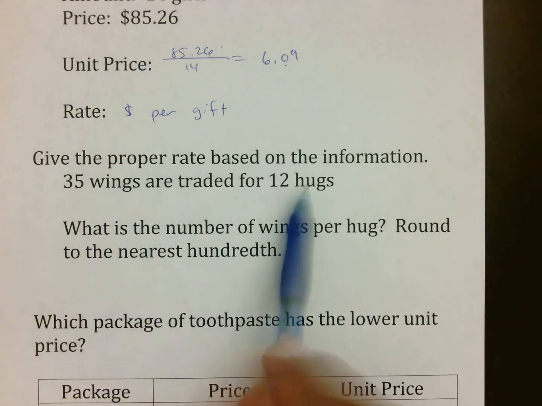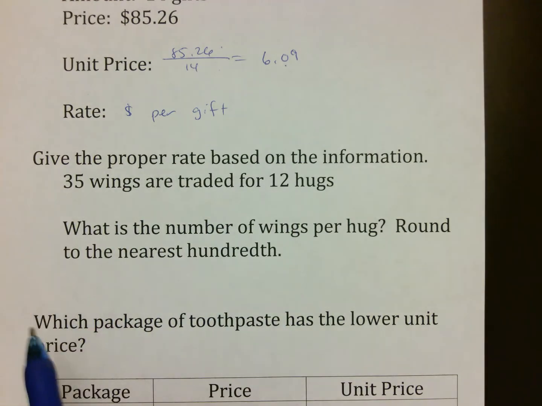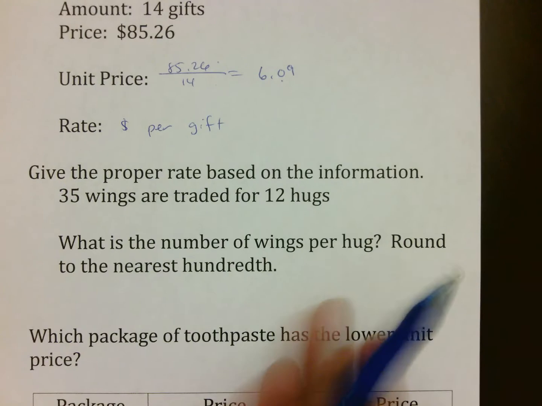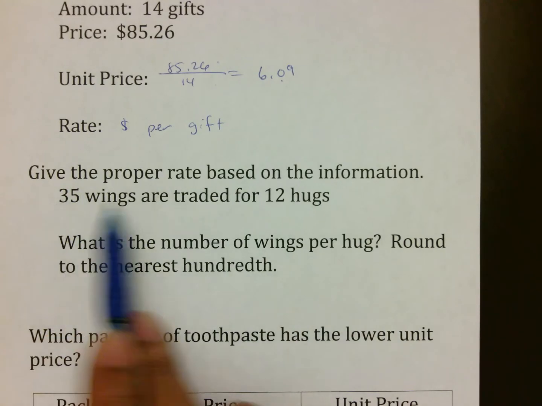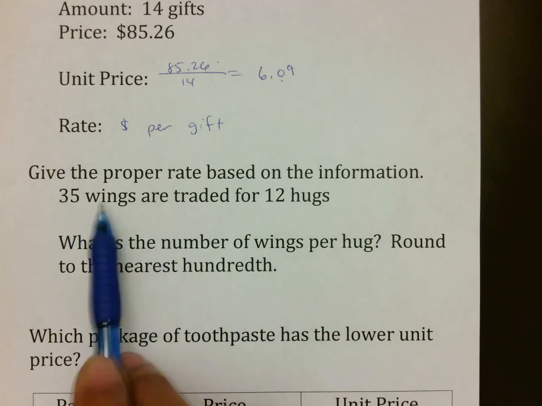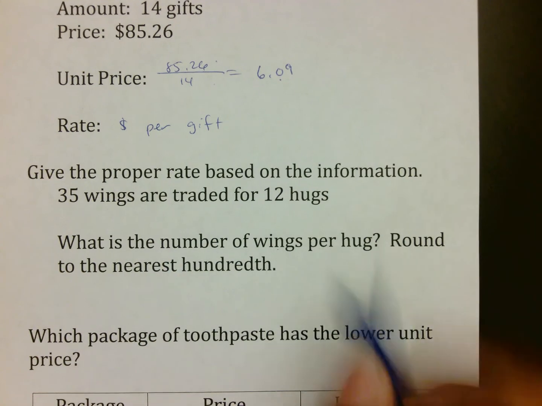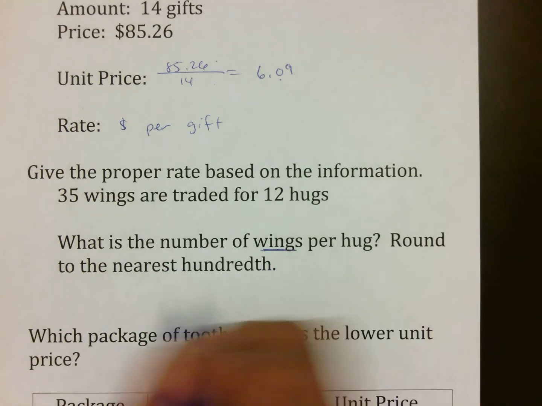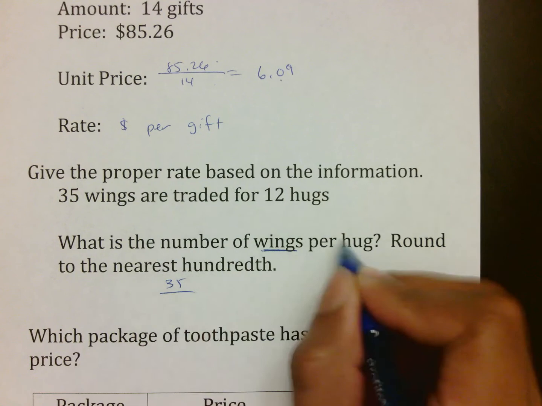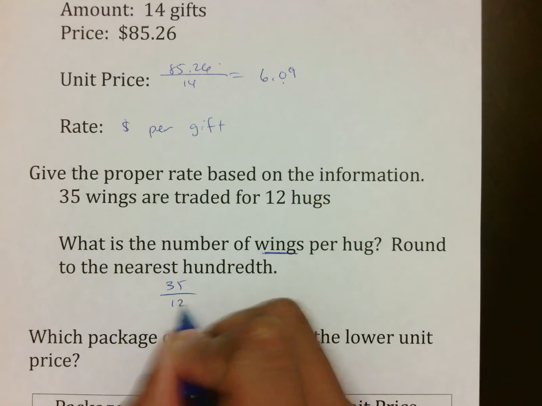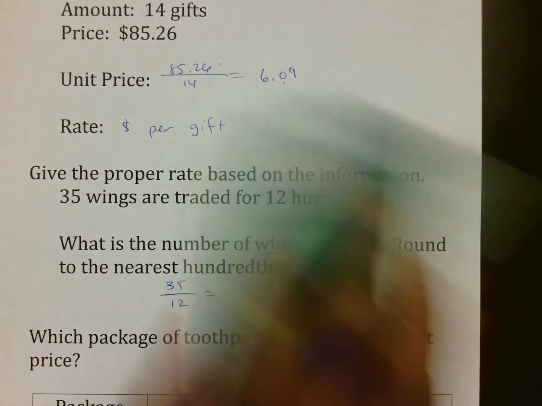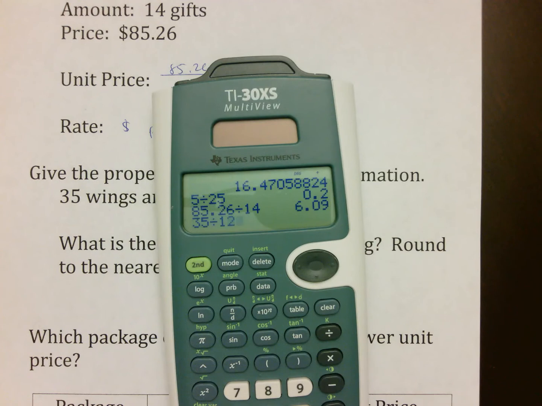If you're asked to give the proper rate, again, I have a problem on there where it gives some random words here and some random numbers, just to make sure you don't try to do these in your head. It says here 35 wings are traded for 12 hugs. Again, the words really aren't important. What they're asking is the number of wings per hug. This tells me that wings should go on the top, per hug should go on the bottom, which is 12. And so you do 35 divided by 12.